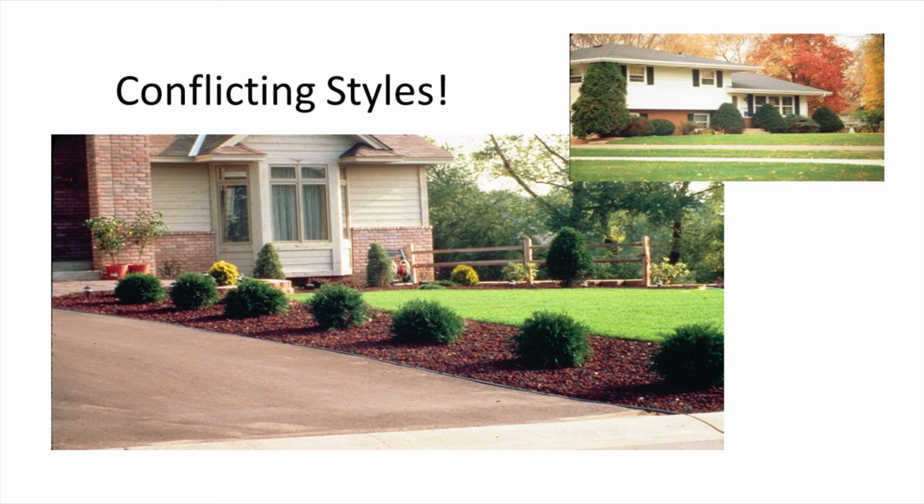We've got an informal house with stained cedar siding and an informal split rail fence here, which is about as informal of a fence style as you can get. But we've got a very, very, very formal planting. We've got a straight row of globe arborvitae lining the driveway, which is an extremely formal element.